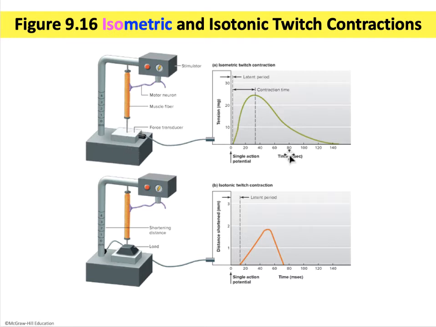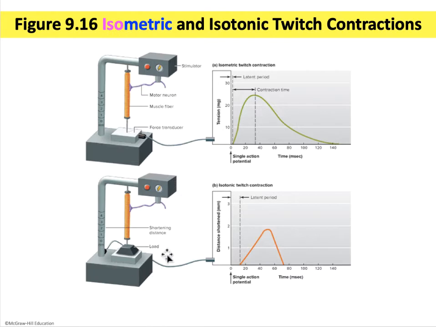The purpose of experiments such as these in isometric contraction is to show the profile of the forces generated within the fiber. So over a period of about 30 to 35 milliseconds, the force builds up as the cross-bridge cycles are activated, and then after that period, the force decays as the calcium is removed from the cytosol and the number of cross-bridge cycles is reduced.